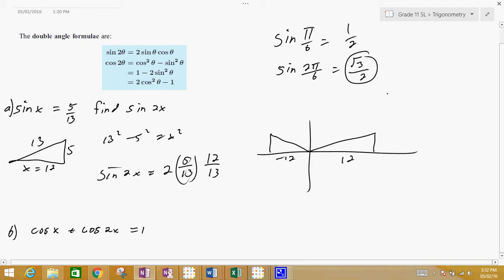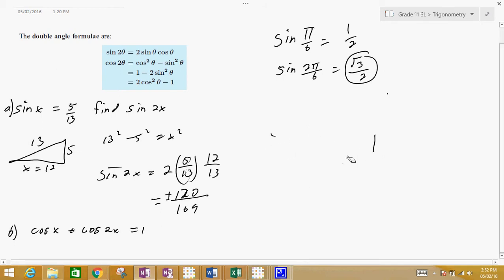So there are two possible ways of getting the answer to this question. Multiplying them out, 12 times 10, 120, 120 over 169, and it's plus or minus. You may need to simplify it, but there's the answer.